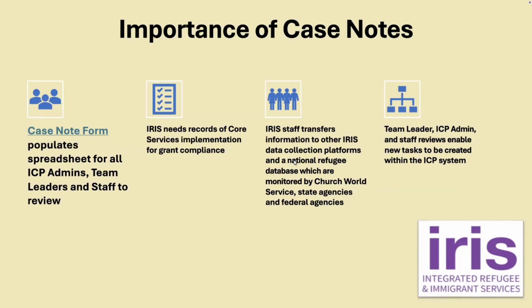And finally, when a team leader or one of the ICP admins or staff reviews the case note spreadsheet, that's where we will find out if clients need further assistance and how we send out new tasks so that that assistance is followed up on.